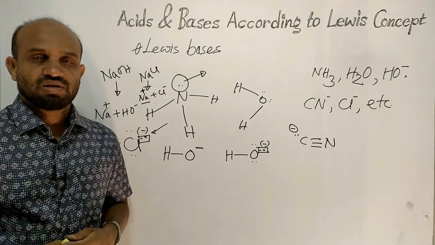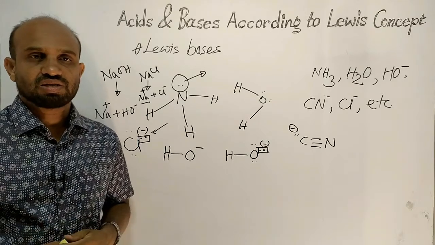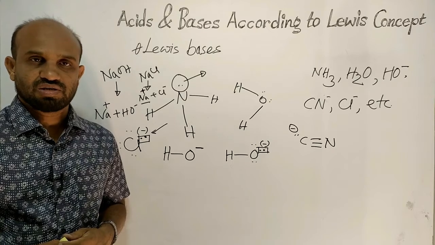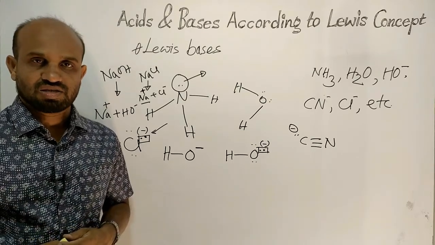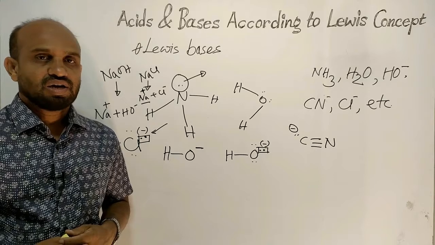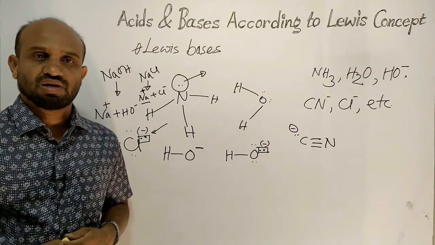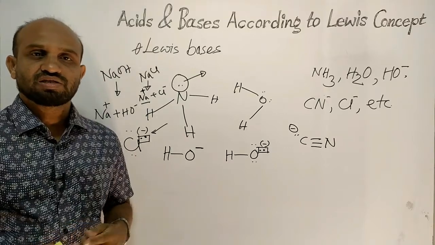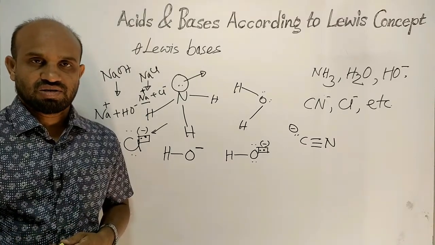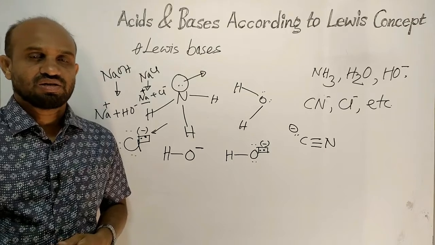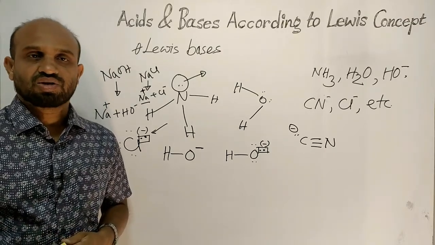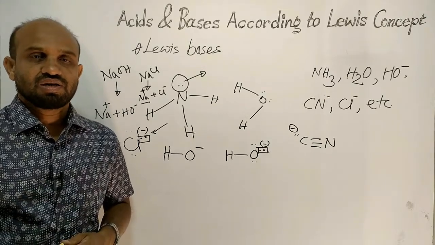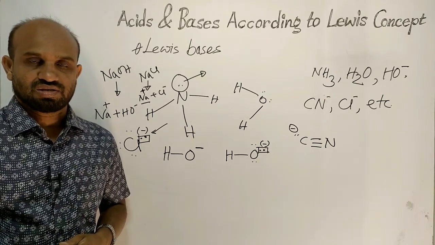As a result, since Lewis acids are electronically poor or deficient, Lewis acids can accept electron pairs, and since Lewis bases are electronically rich, that is why Lewis bases can donate electron pairs. Or simply we can say that Lewis acids are electron pair acceptors and Lewis bases are electron pair donors.